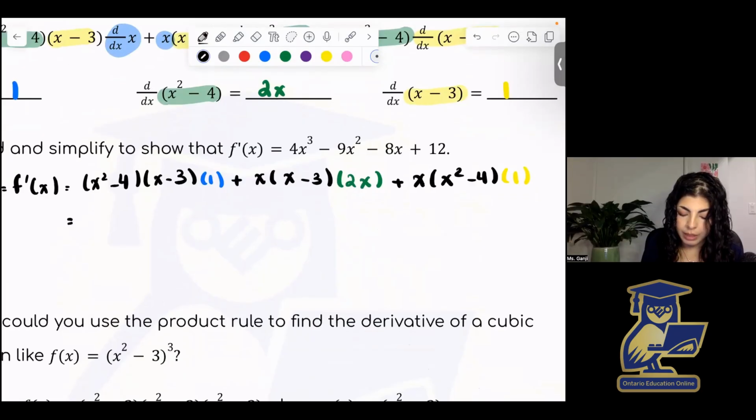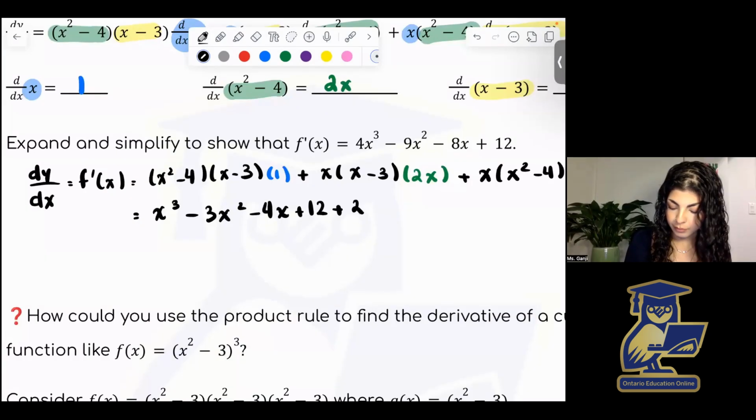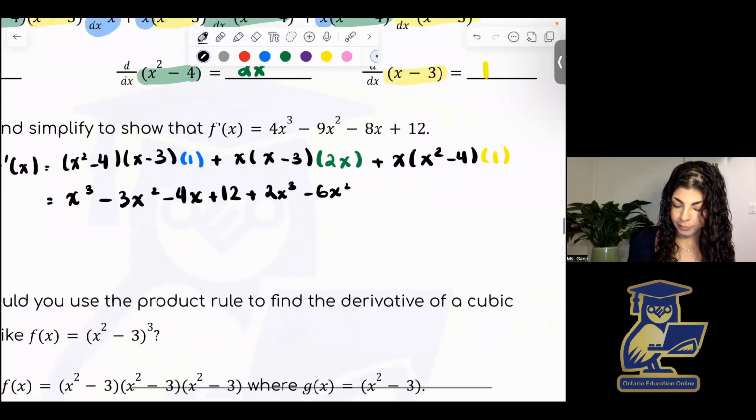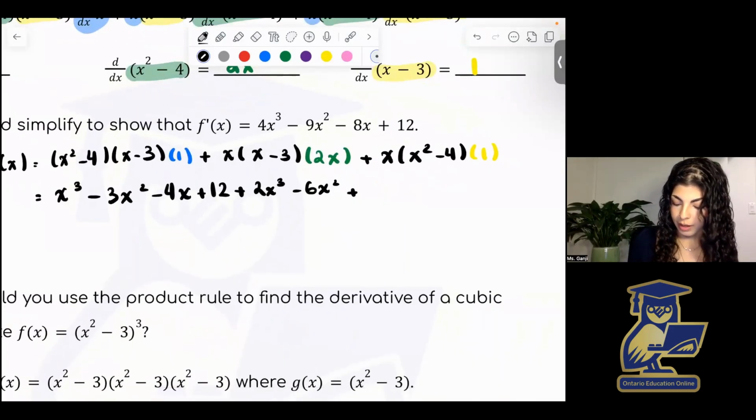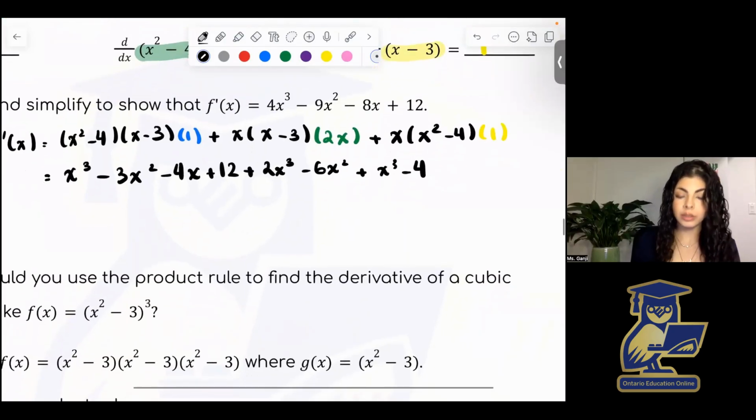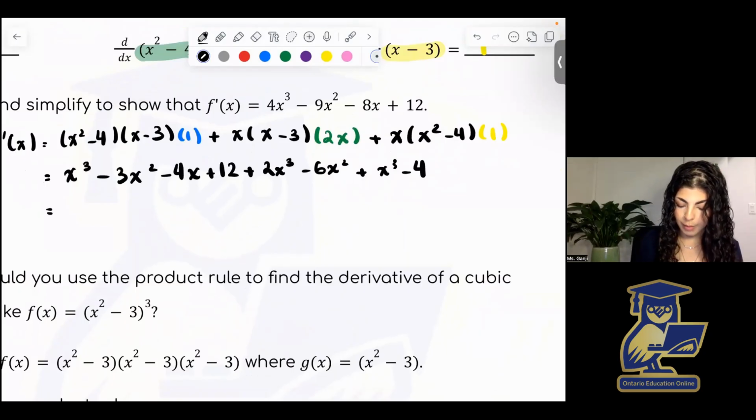And now this will become... okay, and finally we have x cubed minus 4. Okay, and let's collect all our like terms and see if those two match.